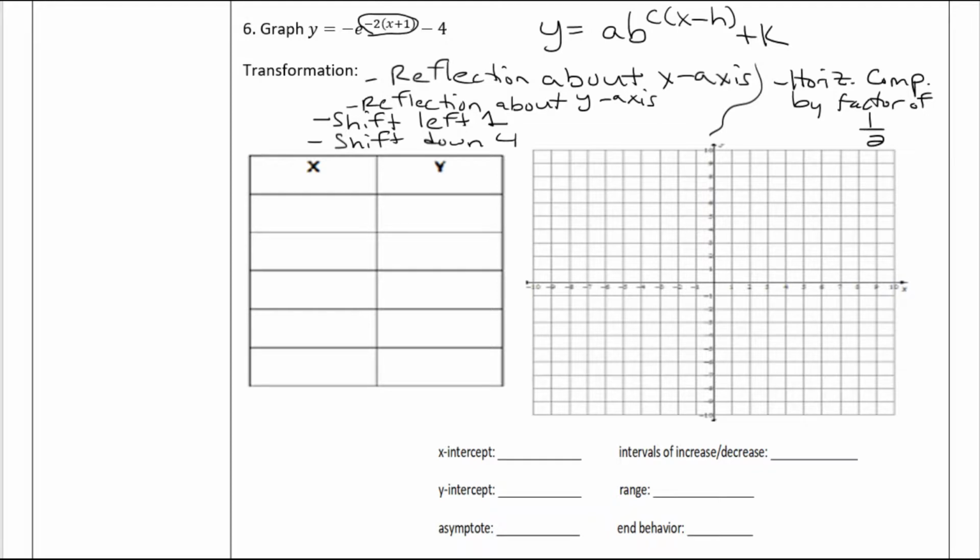But since we're doing this on a calculator, you can figure out what it is on the calculator and then do it. But I'm going to do it by hand so I can show you.